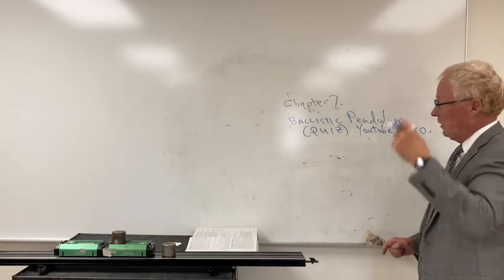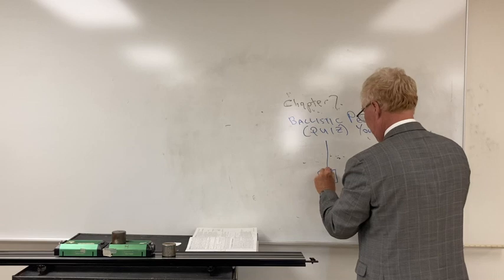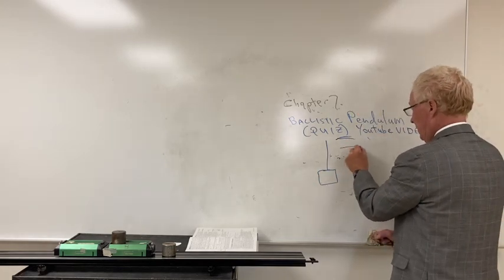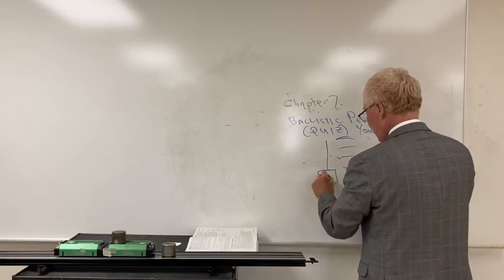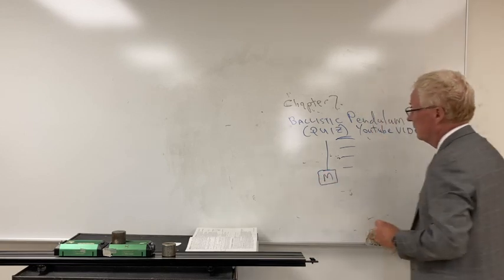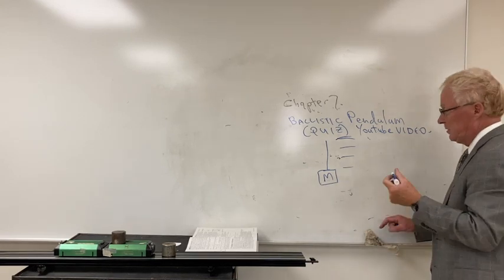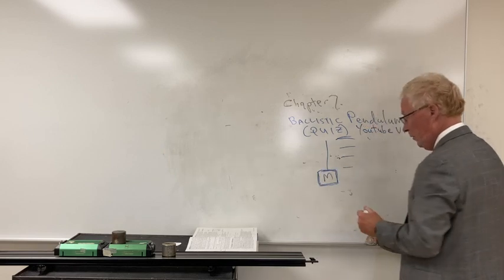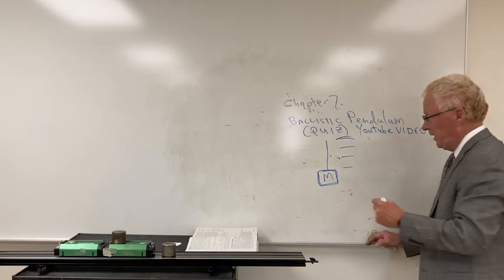It'll show a pendulum, with lines across to indicate height, and this is a relatively large mass. This is a ballistic pendulum, and this is actually how you can measure how fast a bullet is going, without a high-speed camera.